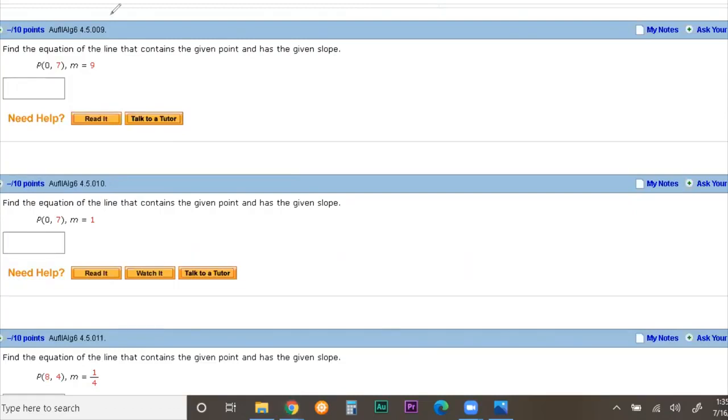So this point, because the x is a 0 and we have a y, that means that this is a y-intercept. So I'm going to use slope-intercept form. They give me the slope, which is m. So I got 9x, and they give me the y-intercept, which is 7.